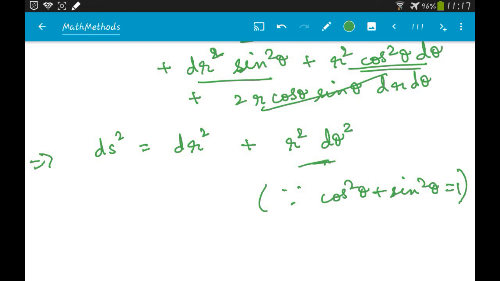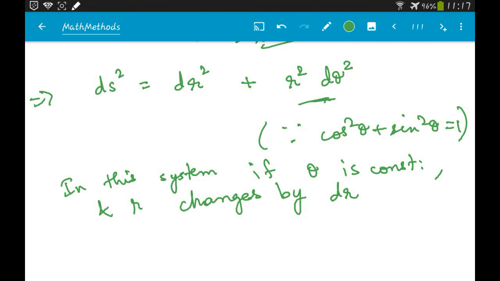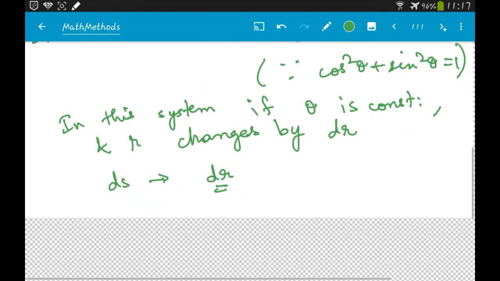Let's say theta in this system is constant and r changes by dr, then what will happen to ds? Then this term will be 0, right? Then ds will just change by dr, right? So ds is going to change by dr, okay, because theta is constant.